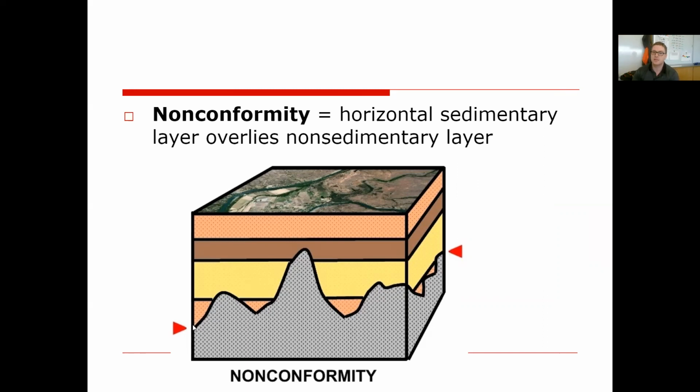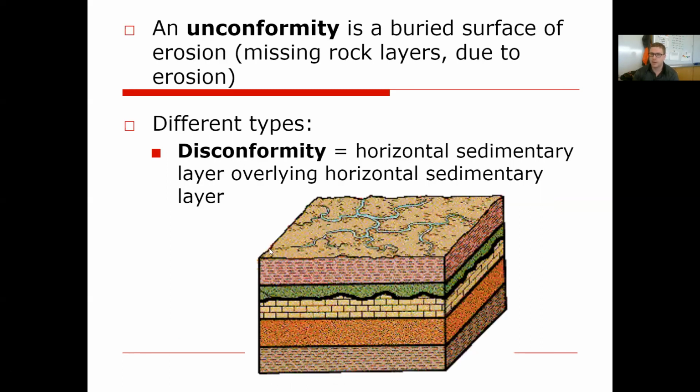Regardless, we have this non-horizontal layer, but on top of it we have this horizontal orange that's coming in, filling in some gaps, this horizontal yellow that's coming in, filling in some gaps, then this brown, then this pink, and then we have the surface. So we have these horizontal layers that are being deposited on top of non-sedimentary rock. That's a nonconformity. So we have a disconformity that's probably from erosion.